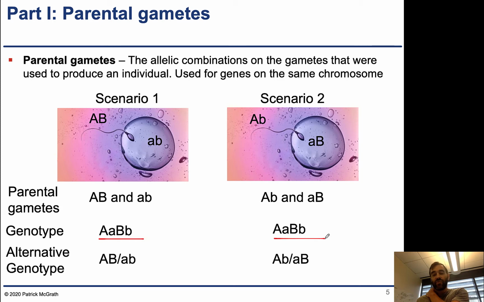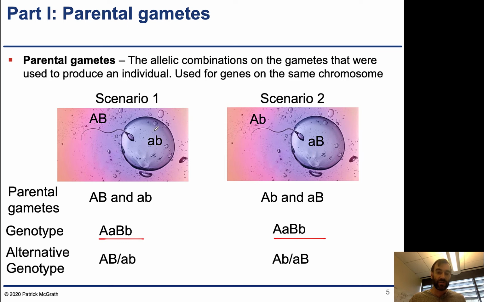There are actually two scenarios where one can become a heterozygote this way. In the first scenario, your father gave you both of the dominant alleles. On that gamete that was present within the sperm cell that fertilized the egg, if we could peer into that gamete and see what exactly the allelic combinations are, we would see a capital A and a capital B. In the second situation, the homologous chromosome was provided by the mother.